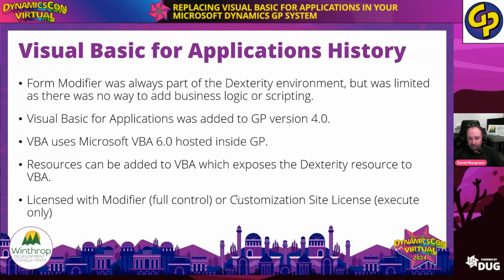And it uses Microsoft VBA 6.0, which is actually hosted inside the GP application. Resources can get added to VBA, which then exposes the Dexterity resource to VBA. As far as licensing goes, you can either license the modifier, which gives you the ability to create and execute code, or you can have the customization site license, which is execute only.